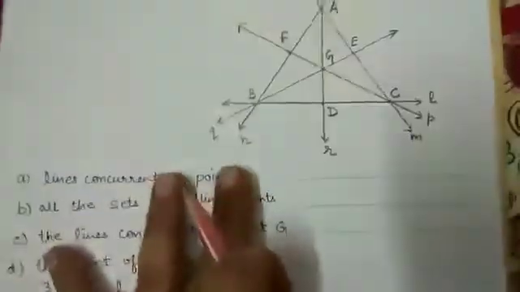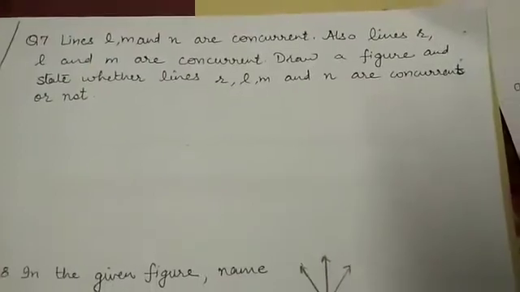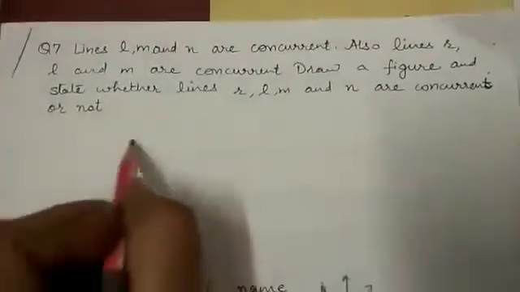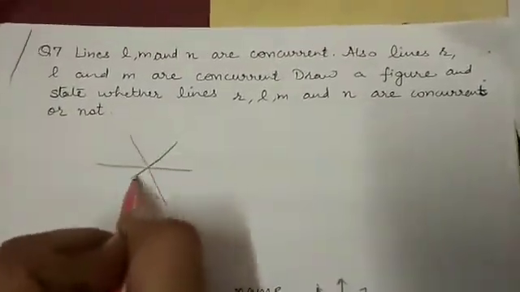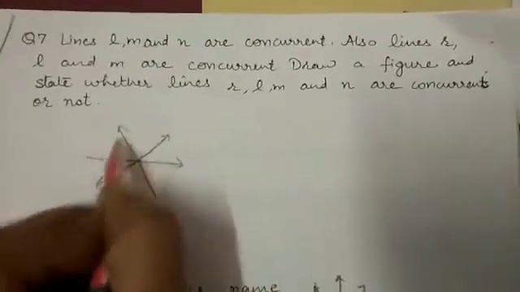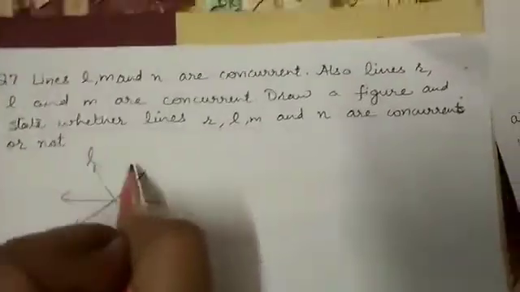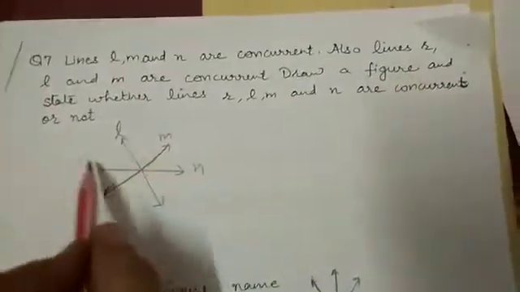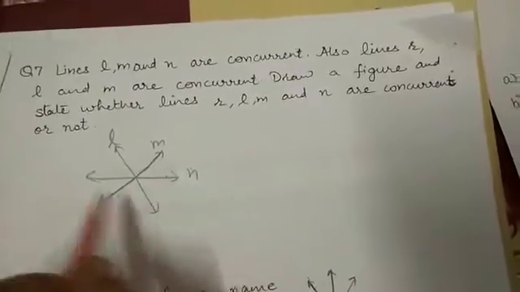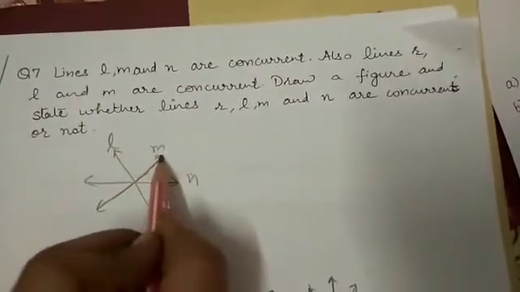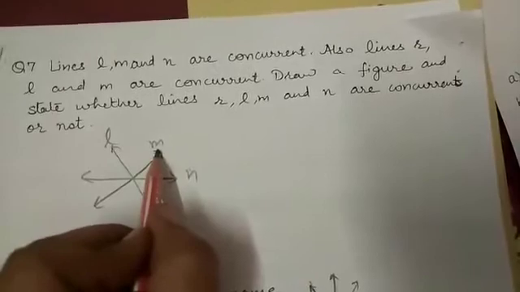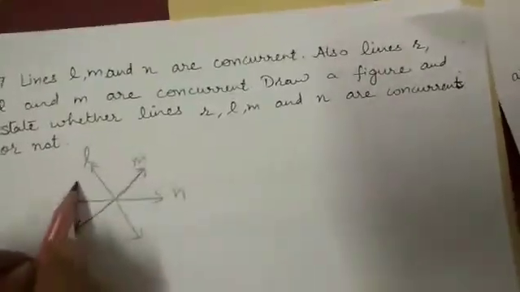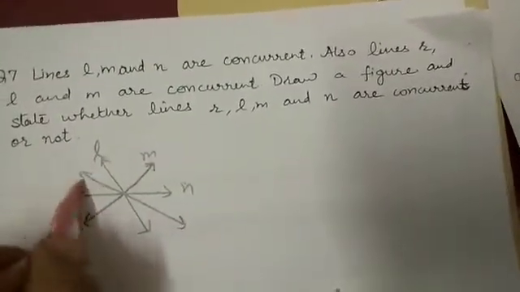Okay. Now question number 7. We are given lines L, M and N are concurrent. So draw 3 lines in this way that they are passing through the same point. Also lines R, L and M are concurrent. It means R line is passing through the point of intersection of L and M. So I should draw my line R from here.